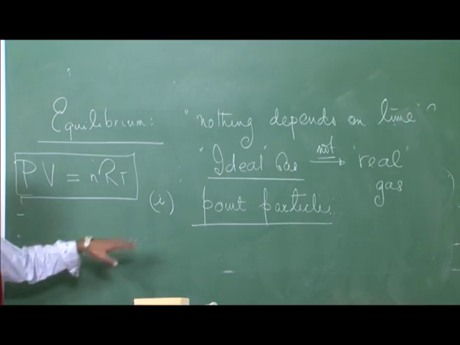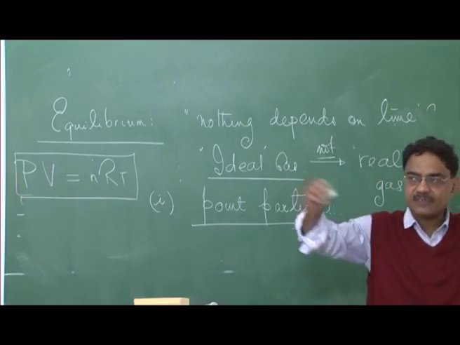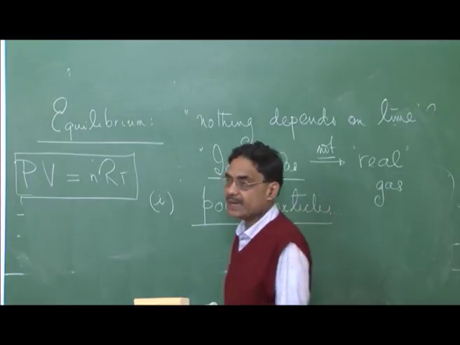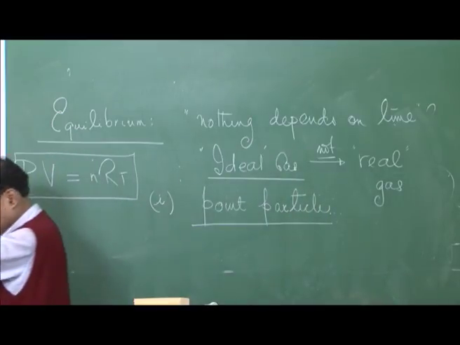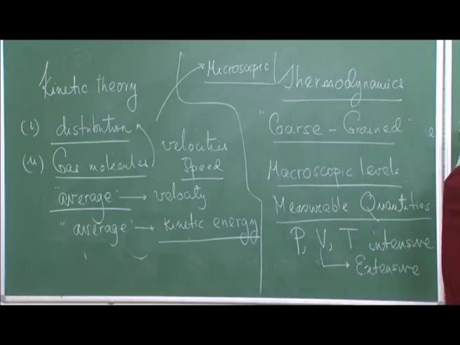So, that is what I mean by point particle, that the interparticle distance is very large compared to the size of the molecule, if you like. But remember, this is an approximation, the ideal gas approximation.